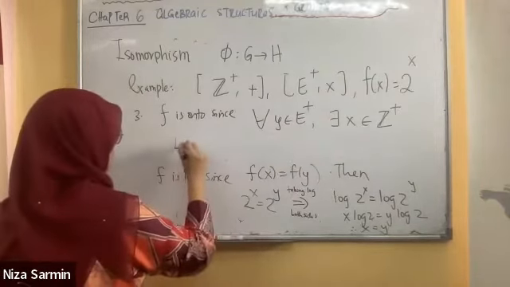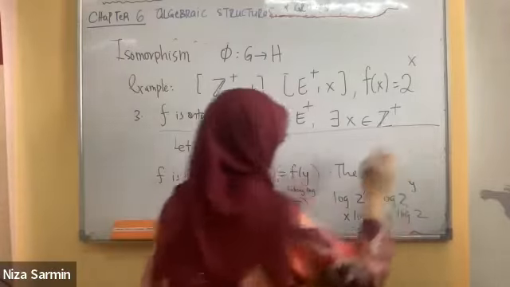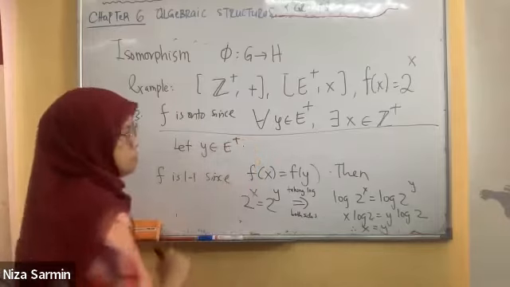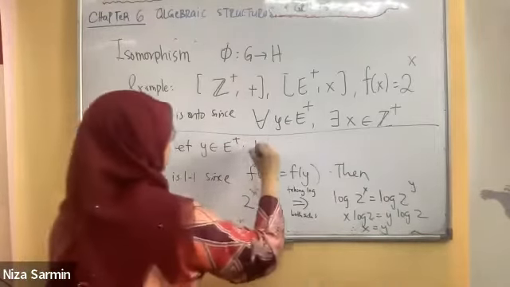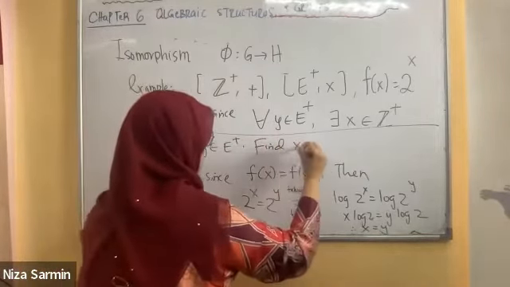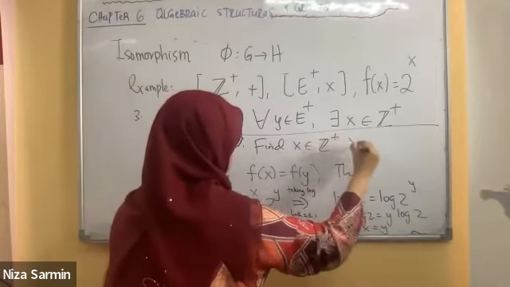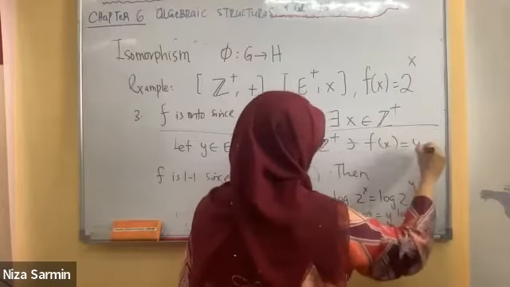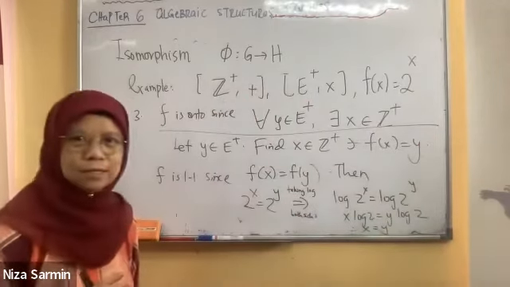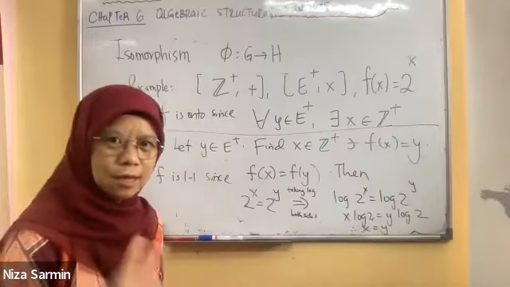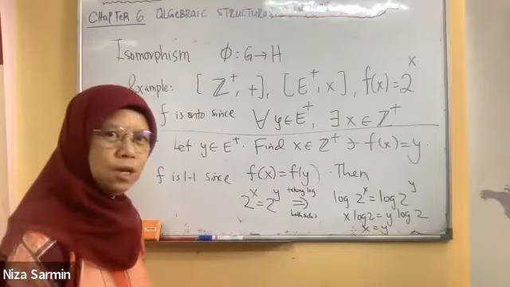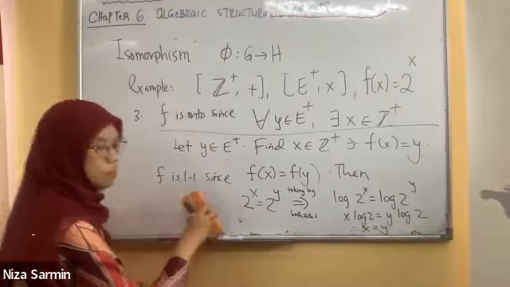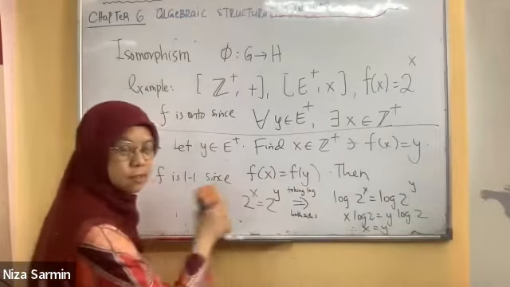So what I do is put this aside. I let Y in E plus. Find X in Z plus such that Fx is Y. Is there an X mapped to Y if you were given the Y? Can I erase? Yes? Okay.